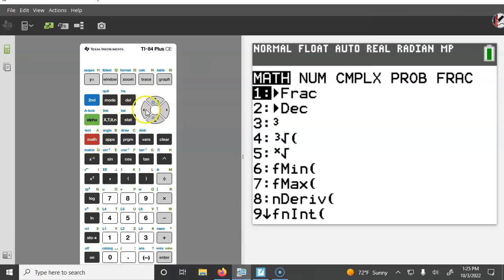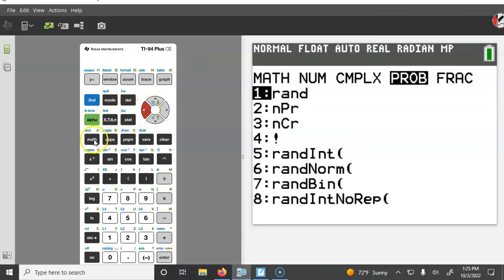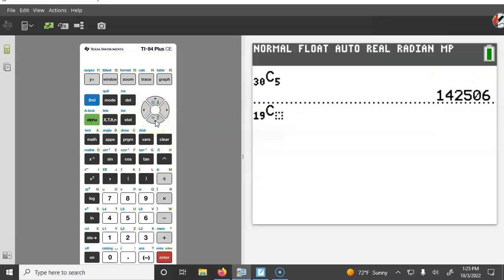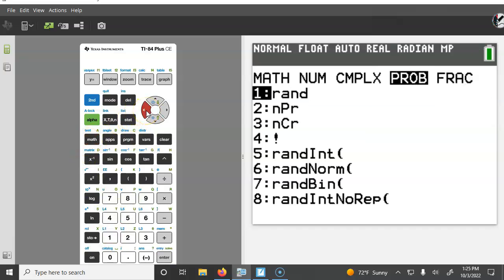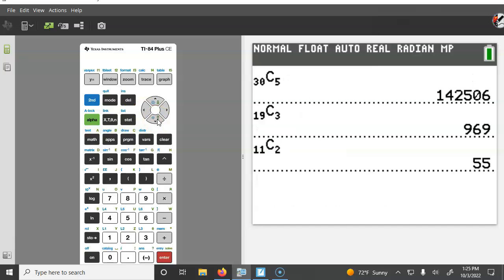If I do 19, I go to Math, and then the probability menu, and I'm going to choose 3. Right? And then I'm going to do 11, Math, probability, choose 2, right?